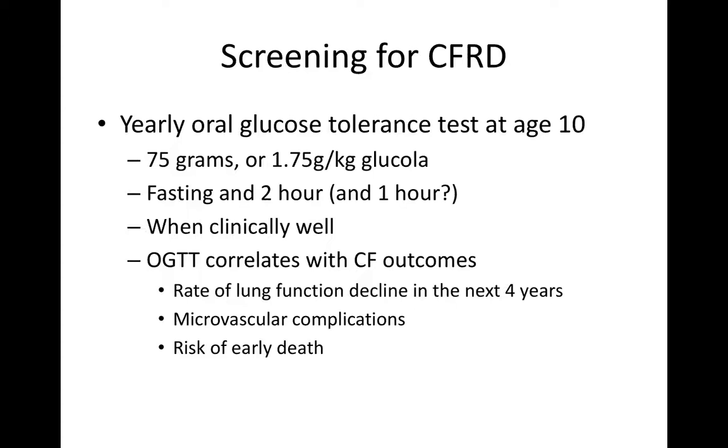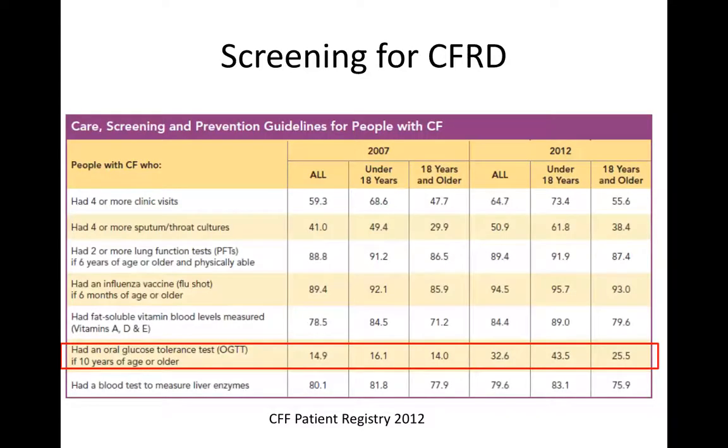And we know that you have an increased risk of early death. Therefore, early detection of cystic fibrosis related diabetes is super important because if we can treat you with insulin, we will improve your pulmonary functions and we will preserve your weight and we will likely preserve your maximum lifespan and quality of life.